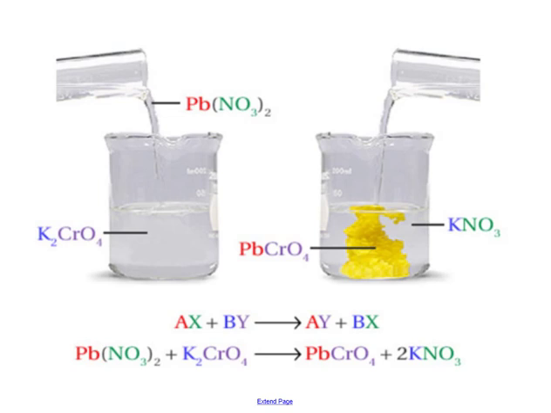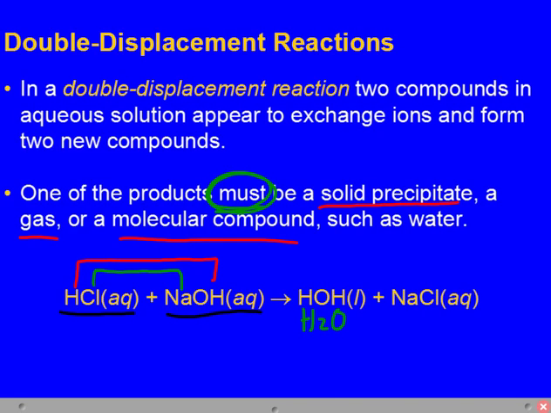So here we see lead nitrate reacting with potassium chromate, forming lead chromate and potassium nitrate. As I mentioned back here, one of these three types of compounds must result.